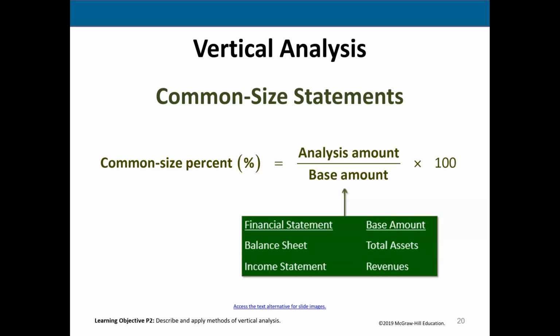And we will take the common size percent. So same concept as we just finished talking about. You will take the analysis amount, so whatever you're looking at, whether it's 2019 sales, 2018 accounts receivable, whatever you're looking at, and you divide it by that base amount, multiply by 100, and you get your percentage.